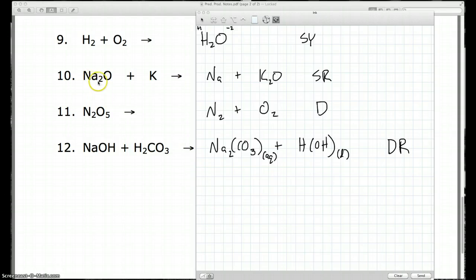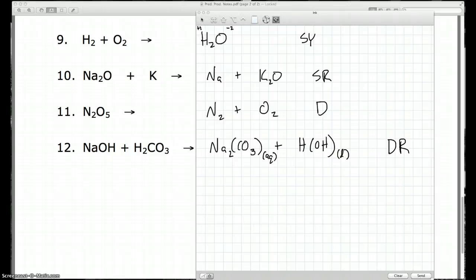The next example, Na2O plus K, so I got somebody alone, and I have a couple dancing, so I know that's single replacement. And what's going to happen is the K is going to try and come in and knock out the Na. Sodium and potassium are both metals, and metals replace metals.